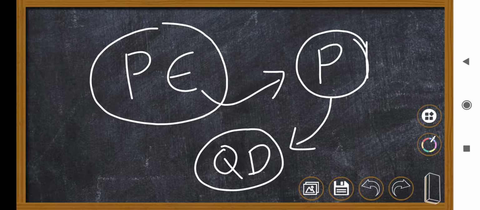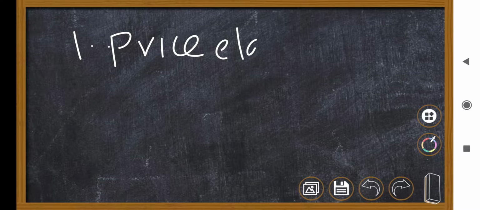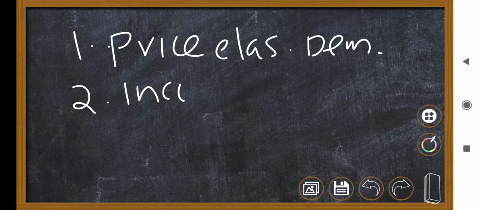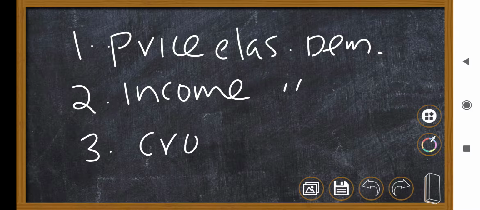Let us understand the kinds of elasticity of demand one by one. First one is price elasticity of demand. Second, income elasticity of demand. Third, cross elasticity of demand.